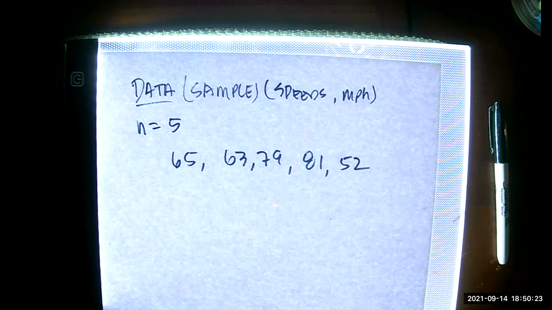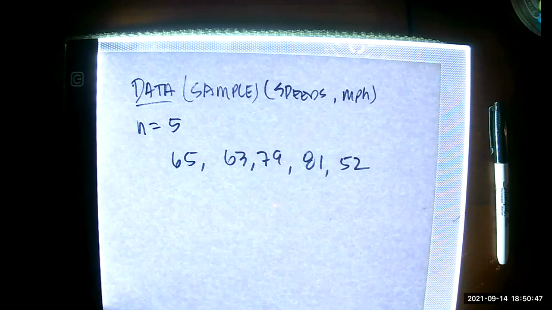I hit clear, followed by enter. And again, these keystrokes are available in any number of places in your Canvas course shell. So 65, 63, 79, 81, and 52. So my data is in there.